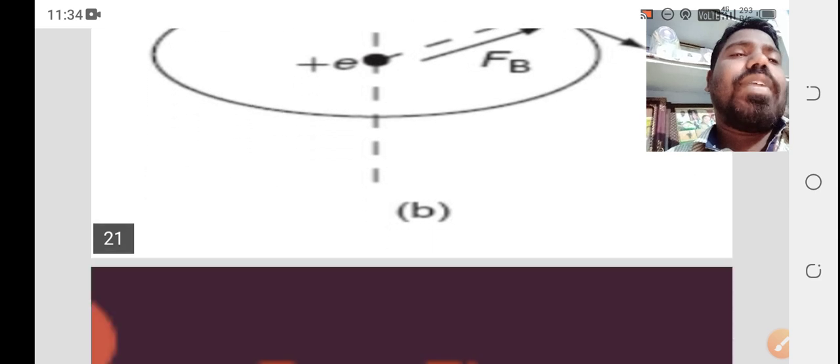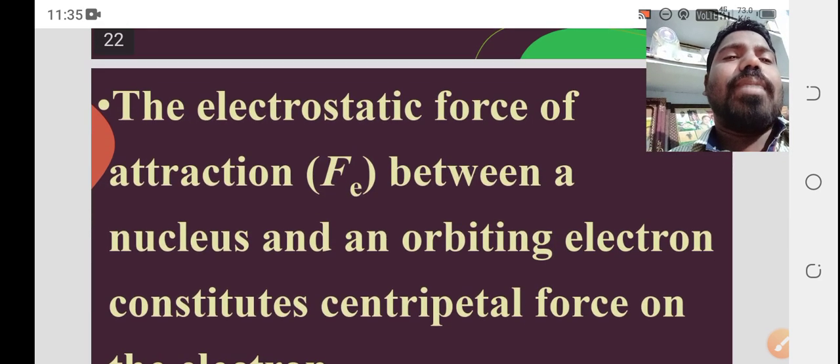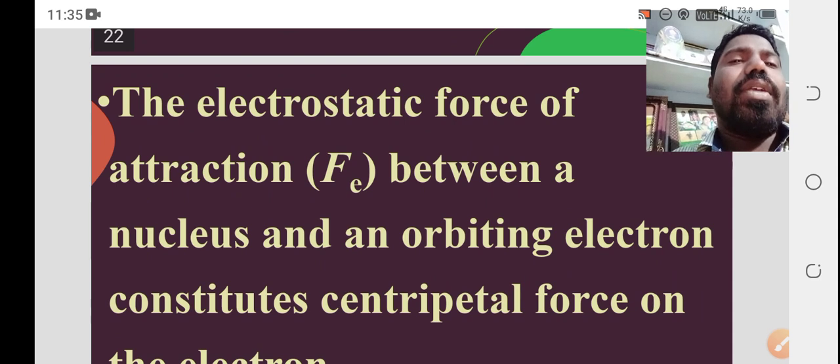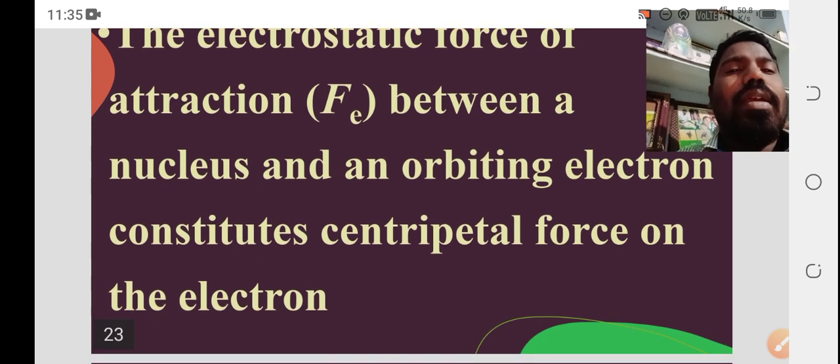So from figure A and figure B, what can we analyze? The electron is revolving around the nucleus because of a certain amount of force. That force is called a central force or electrostatic force. The electrostatic force of attraction between the nucleus and an orbiting electron constitutes the centripetal force on the electron.